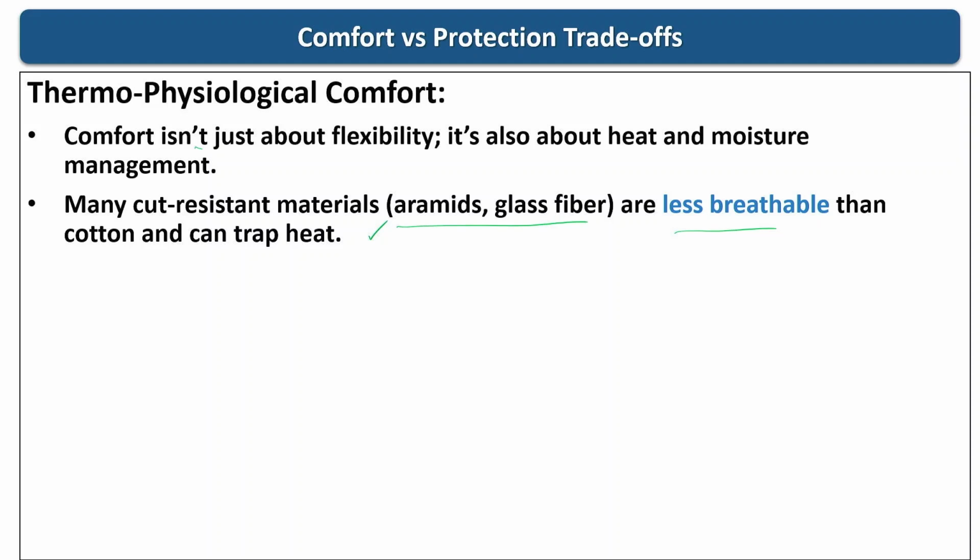Because less breathable means it will not allow the moisture vapor to be transferred, if we are using any apron. So, moisture vapor transmission will not be there, and so the heat will be trapped, because it will not take the latent heat from the body.